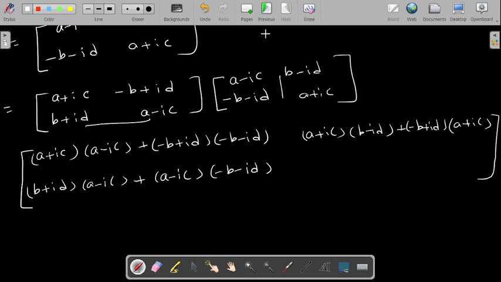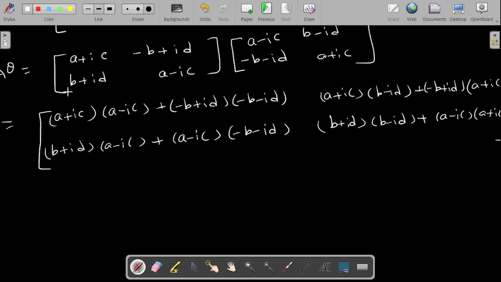Second row into second column: B plus iD into B minus iD, plus A minus iC into A plus iC.